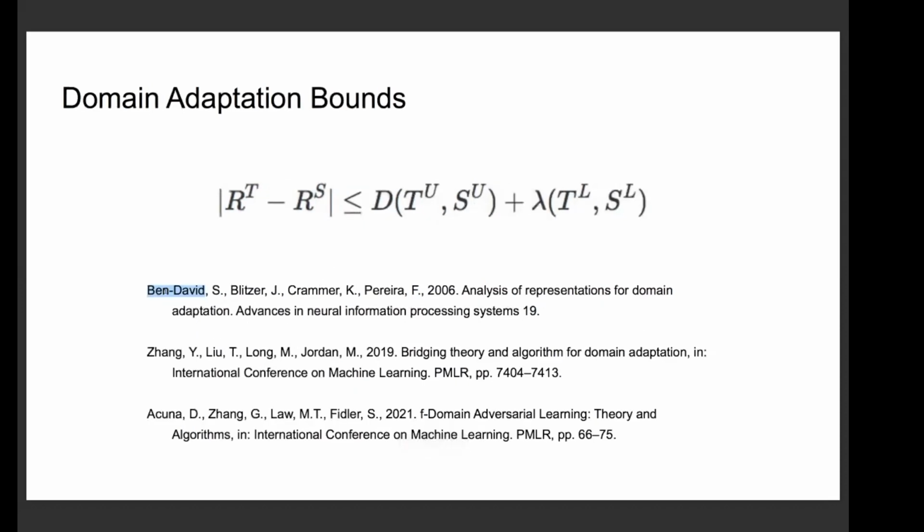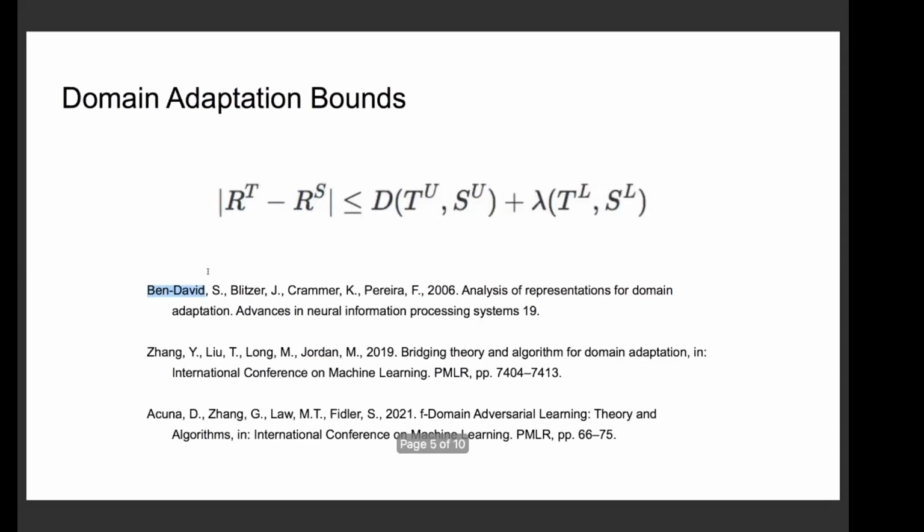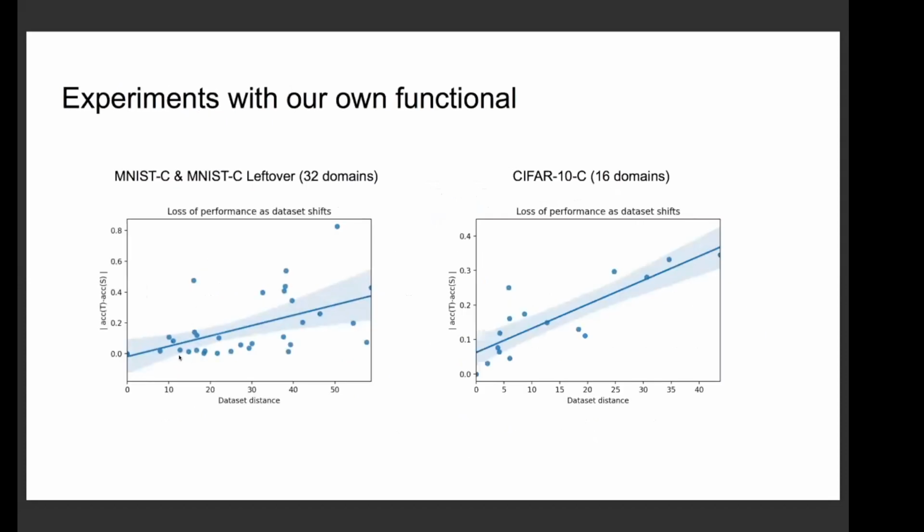In each of these papers, you have a different distance between data sets. Our functional, which we have not presented, computes the discrepancy between two labeled data sets. We hope that by using labels, we are going to have a tighter bound. So this is why we want to do this comparative analysis.